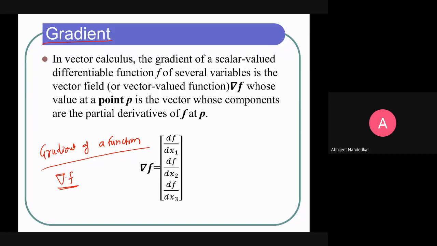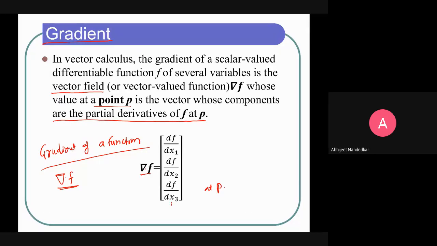As it is written here, the gradient of a scalar valued differentiable function is a vector whose value at a point P is a vector whose components are the partial derivatives of f at P. So the gradient of function f at P is given by the derivatives df dx1, df dx2, df dx3 and so on.